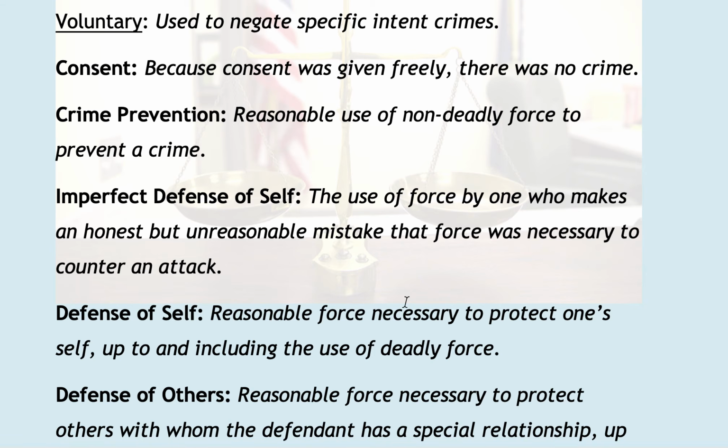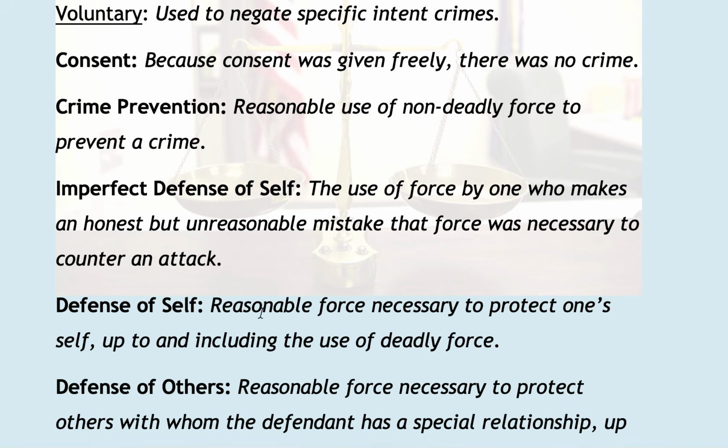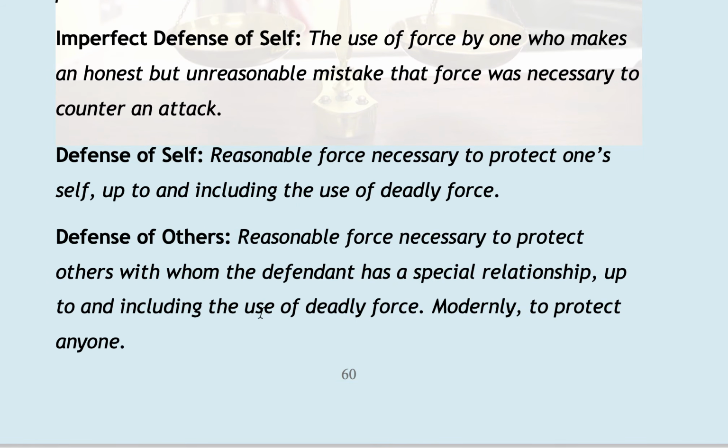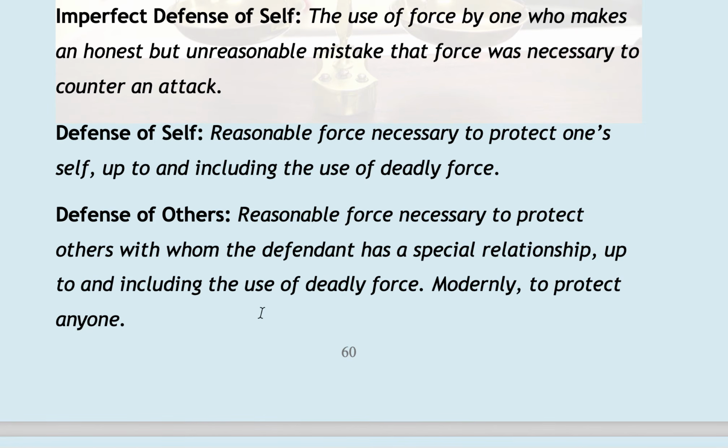Imperfect self-defense. Oh, excuse me. Yeah, same difference, I guess. Okay, so imperfect defense of self: the use of force by one who makes an honest but unreasonable mistake that force was necessary to counter an attack. Defense of self: reasonable force necessary to protect oneself up to and including the use of deadly force.